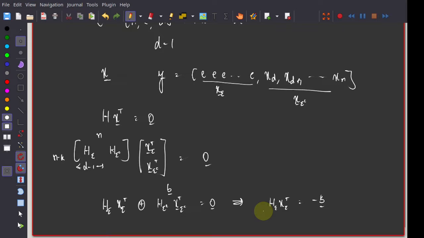N minus k will be larger, right? So what can you say about the rank of H_E? It can be at most d minus 1. Okay? But you're picking an arbitrary set of d minus 1 columns of H. What can you say about this? Is it always going to be full rank? Why? Arbitrary set of columns.